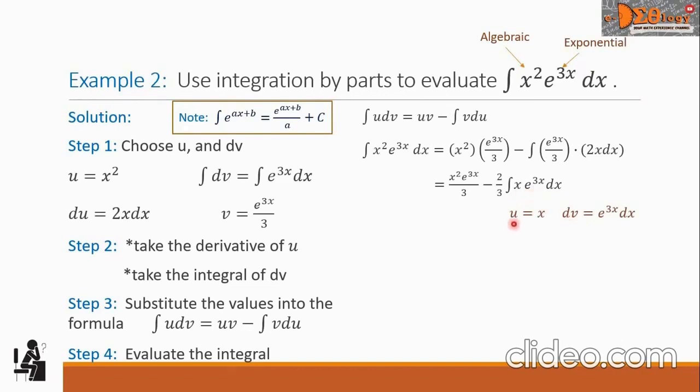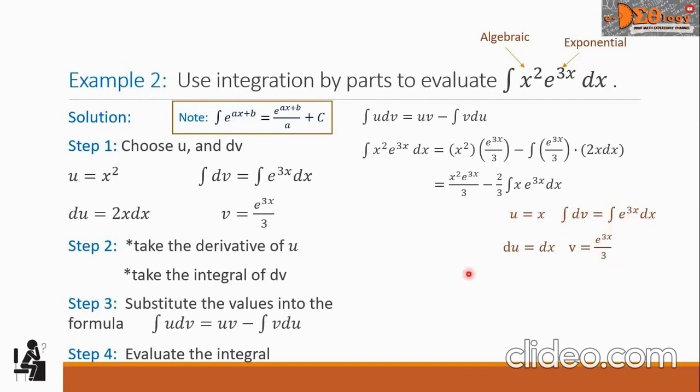We take the derivative of u as du equals the derivative of x as dx. Now, the integral of dv. So this is now v equals the integral of e raised to 3x dx, which is e raised to 3x over 3.